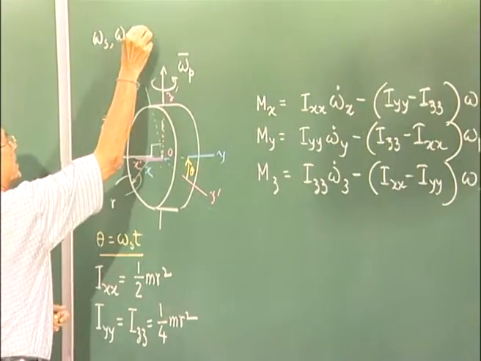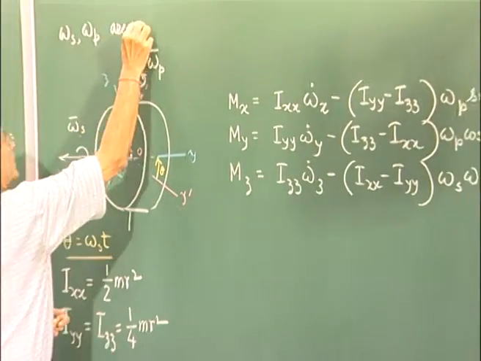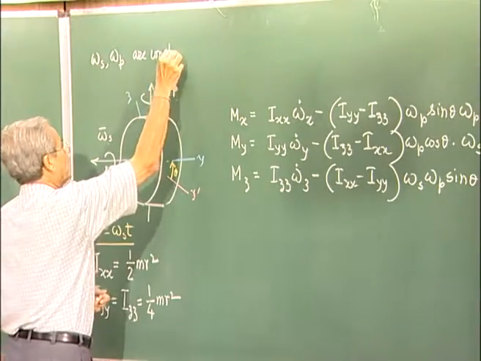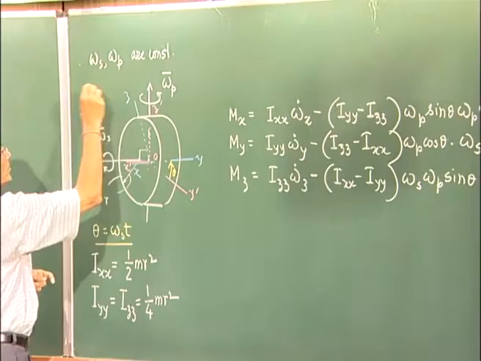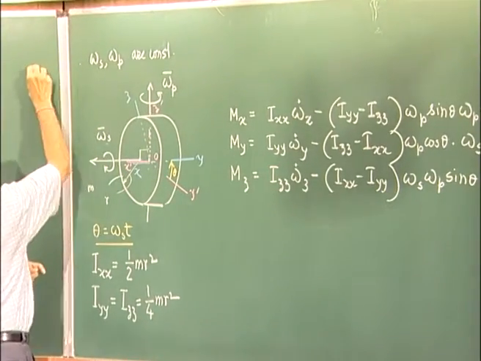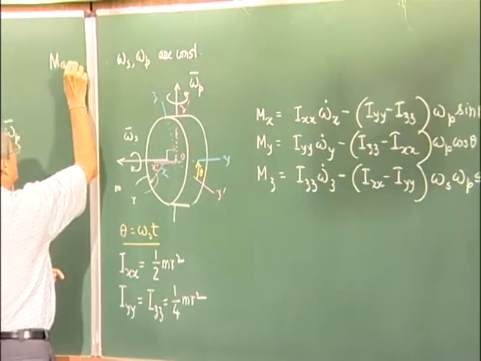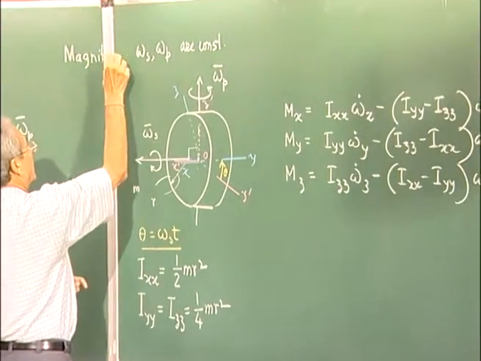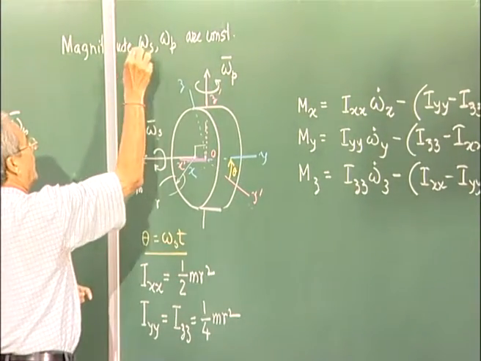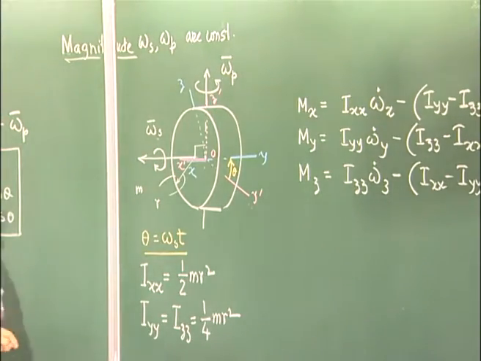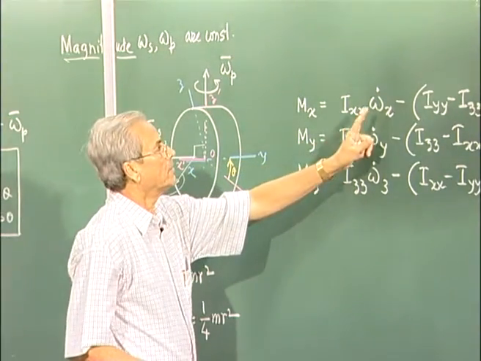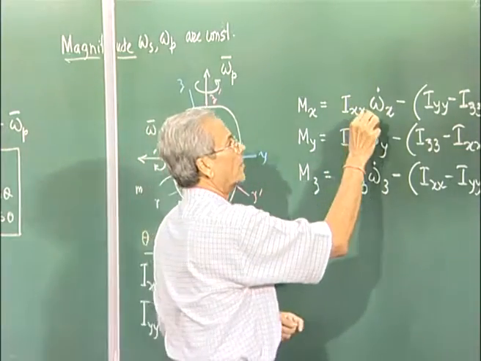Both magnitudes are constant, not the vector, because this angular velocity vector is changing direction. So, magnitude will be constant. Since these are magnitudes only, therefore, this will be 0.